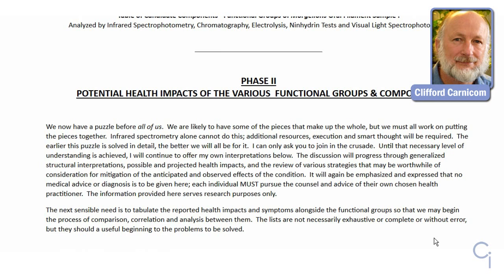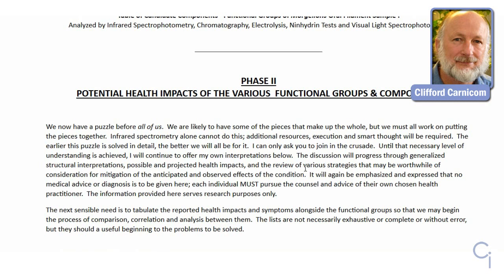We now have a puzzle before all of us. We are likely to have some of the pieces that make up the whole, but we must all work on putting the pieces together. Infrared spectrometry alone cannot do this. Additional resources, execution, and smart thought will be required. The earlier this puzzle is solved in detail, the better we will all be for it. I can only ask you to join in the crusade. Until that necessary level of understanding is achieved, I will continue to offer my own interpretations below.